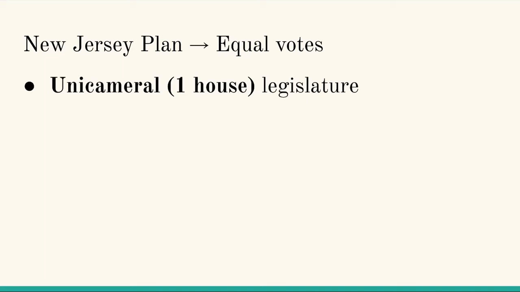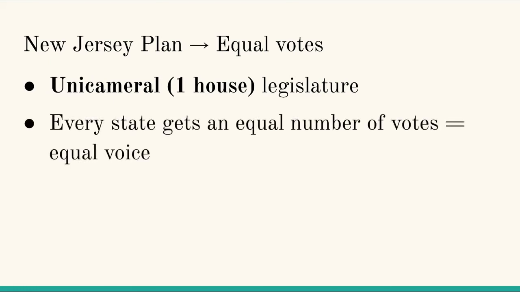That's called unicameral, uni meaning one, like a unicycle has one wheel. Under the New Jersey plan, every state would get the equal amount of votes. That could mean one vote per state, or two votes per state, or seven votes per state. So long as everyone's getting the same amount, they think that's the most equal and fair way to do it.